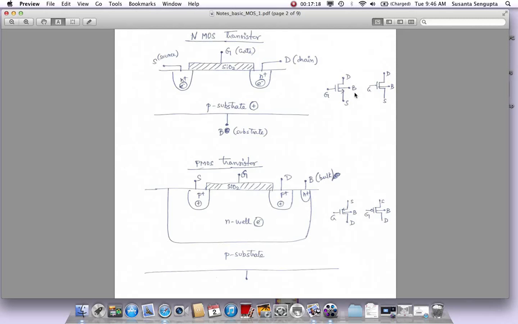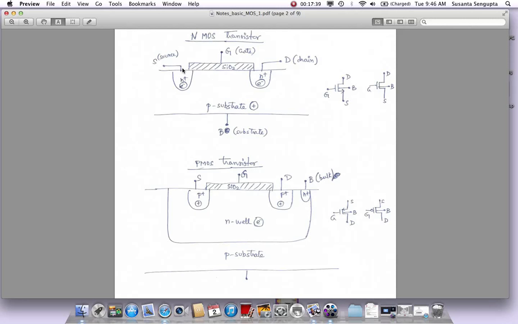Okay, so this is the symbol, because we will use this symbol a lot of times, and if you have already seen this, then that is good, but if you haven't, then these 2 are the symbols for the NMOS.